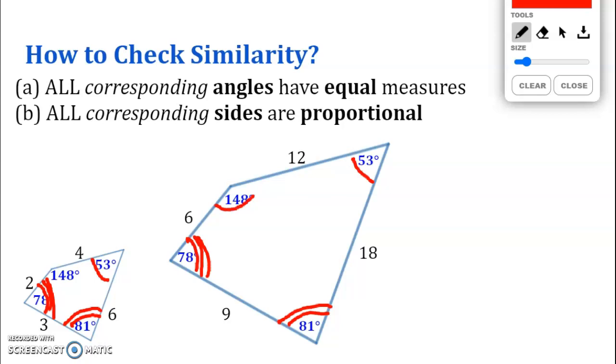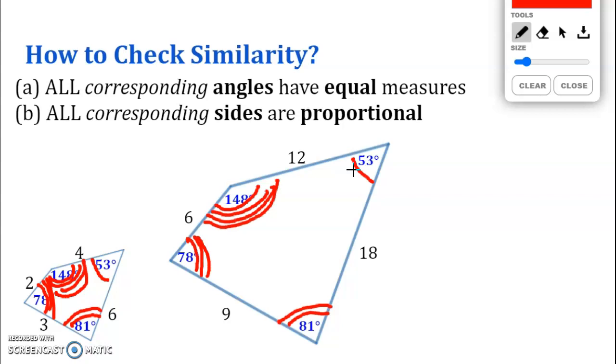And then finally 148 and 148 are congruent. So all the corresponding angles are congruent, or equal in measure. Corresponding means same relative position, so this position and this position are relative to each other the same, right?